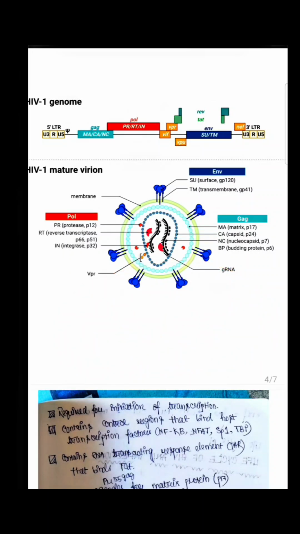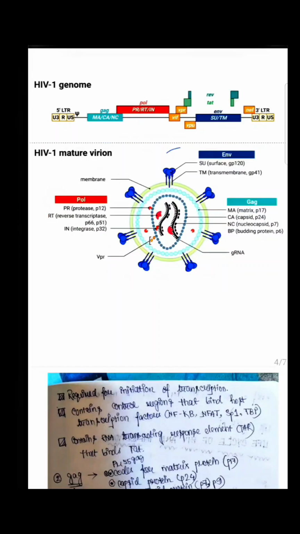So here we had the TAT gene and the TAR region, which helped in transcription, and the VPR region helps in viral replication. We have the REV gene. What does it do? It helps in taking the viral RNA into the cytoplasm of the host.